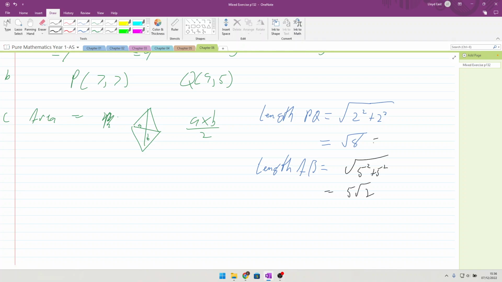This one is 2 root 2. So 5 root 2. So the area is equal to all divided by 2. Units squared.